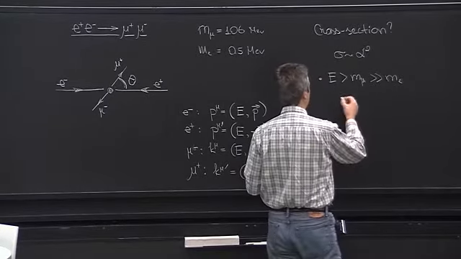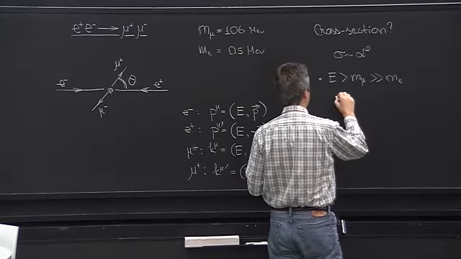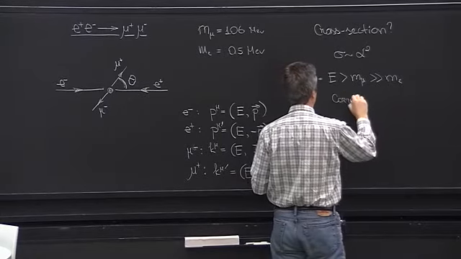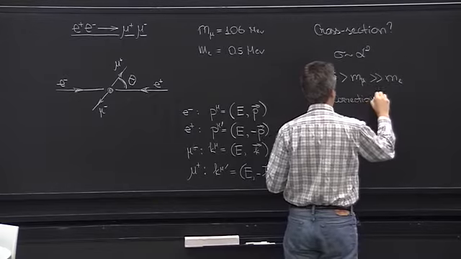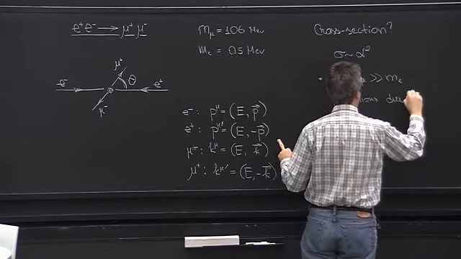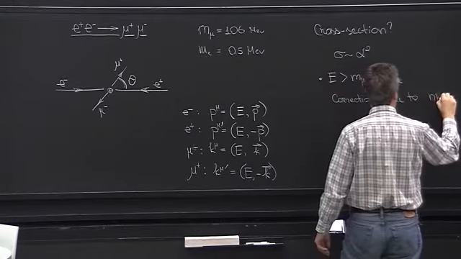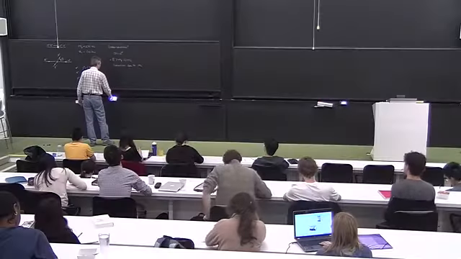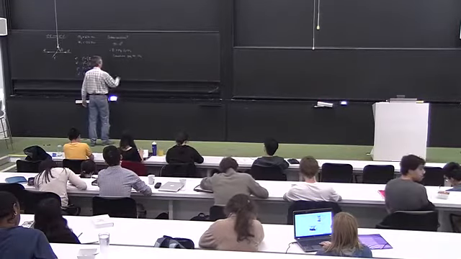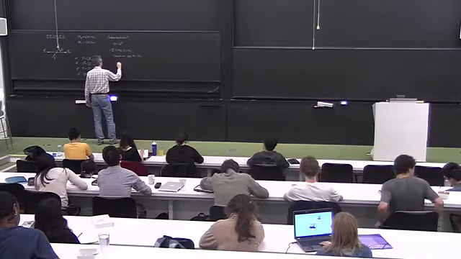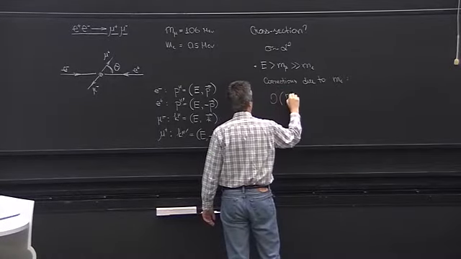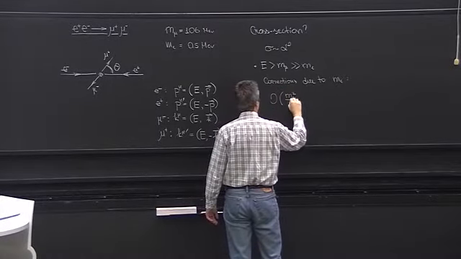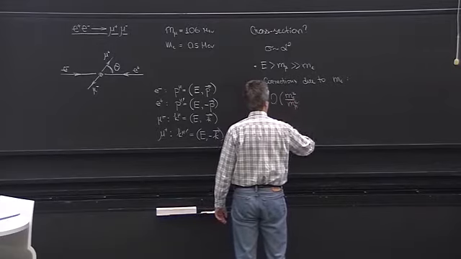So the corrections due to electron mass will be of order me squared divided by m mu squared.